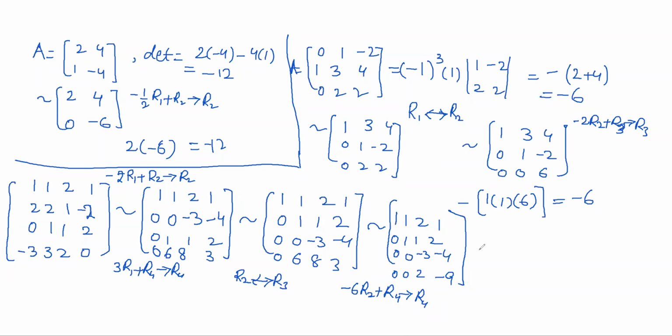For the next row operation, we can write 1, 1, 2, 1, 0, 1, 1, 2, and then 0, 0, minus 3, minus 4, 0, 0, 2, minus 9. And now for this one, we need to make this 2 as 0. So making 2 as 0, this should be a minus 2 over here.